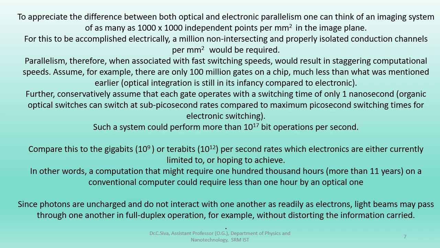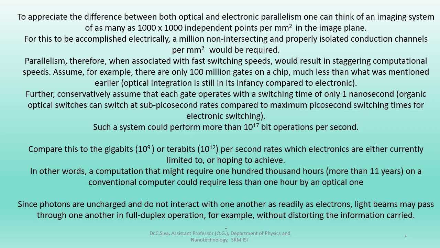Such a system could perform more than 10 to the power 17 bit operations per second, compared to the gigabit to terabit per second rates which electronics are either currently limited to or hoping to achieve. In other words, computations that might require 100,000 hours, which is more than 11 years, on a conventional computer could require less than 1 hour on an optical one.